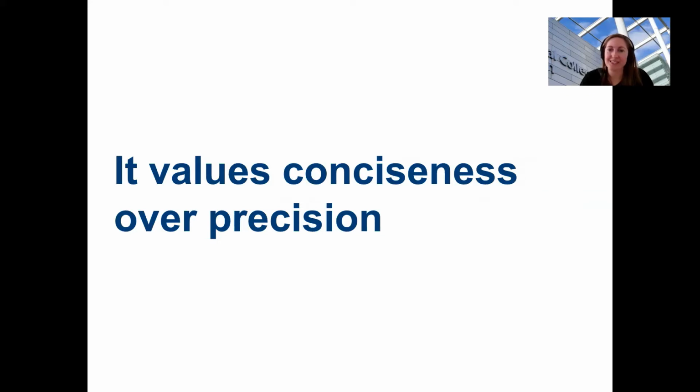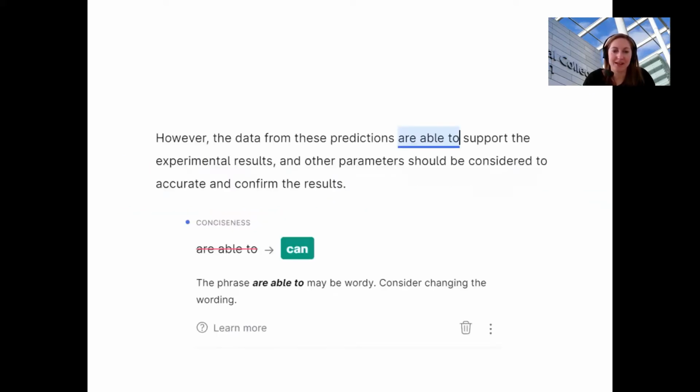Finally, it values conciseness over precision, and I'm going to give you a couple of examples here. So Grammarly has looked at this phrase, are able to, and has said that it's too wordy. It should replace are able to with can. This is a problem again because can has two meanings.